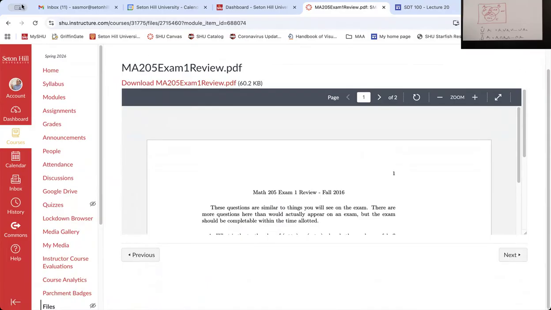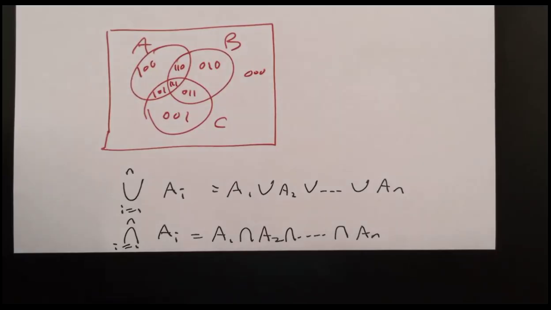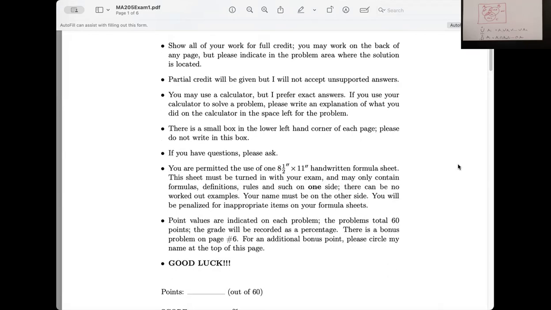Hang on a second. It says it here. I want you to see this very carefully. The next to the last bullet, what does it say? I'm sorry, the next to the last bullet. This one right here.